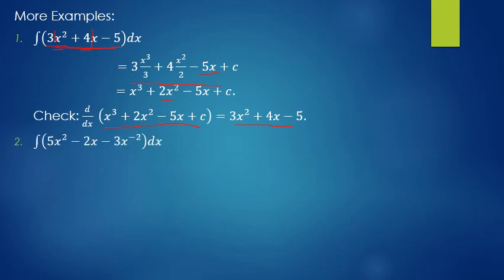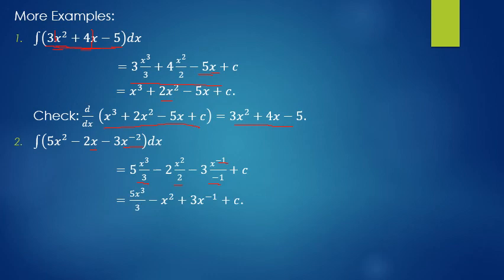Another example, if we have 5x squared minus 2x minus 3x to the power negative 2, so x squared again will have x cubed over 3, x here will have x squared over 2, x to the negative 2 will have x to the negative 1, again negative 2 plus 1, that should be negative 1, all over negative 1.